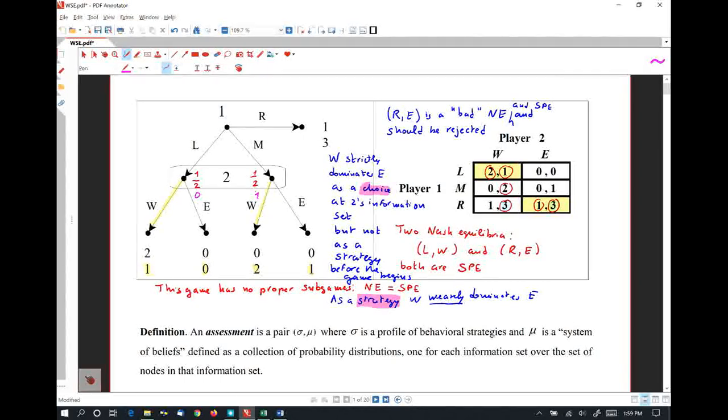So mu takes care of specifying possible beliefs of all the players at all the information sets, the proper information sets, those that contain at least 2 nodes. For information sets that contain only 1 node, the probability has to be 1 on that. You know that you are there.